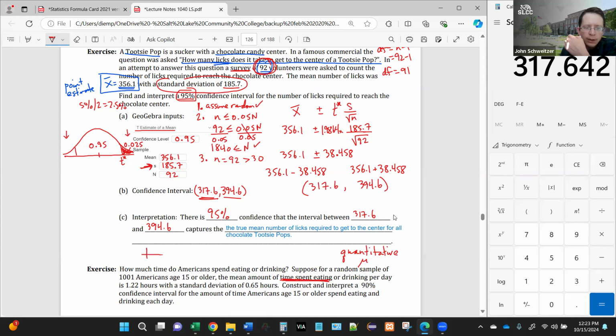Well, I can definitely, without any doubt, tell you that mu has to be between 0 and 24, without a doubt, right? It can't be a negative number, and there's only 24 hours in a day. So there we go. That's a 100% confidence interval. But it's so wide that it's useless, right? So we want to get a narrower, more precise estimate.